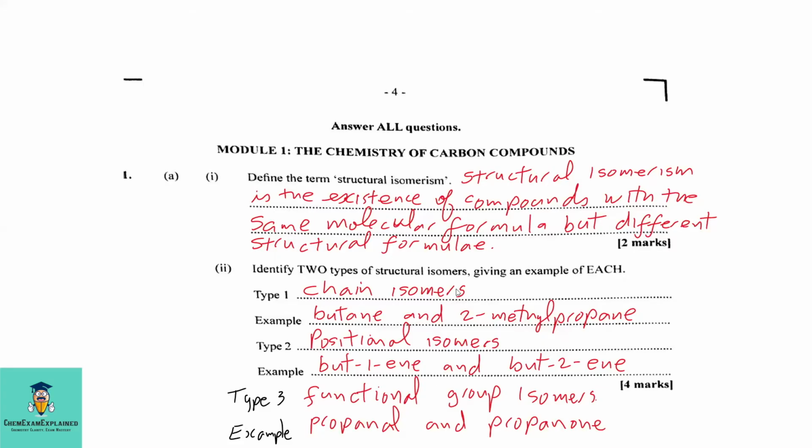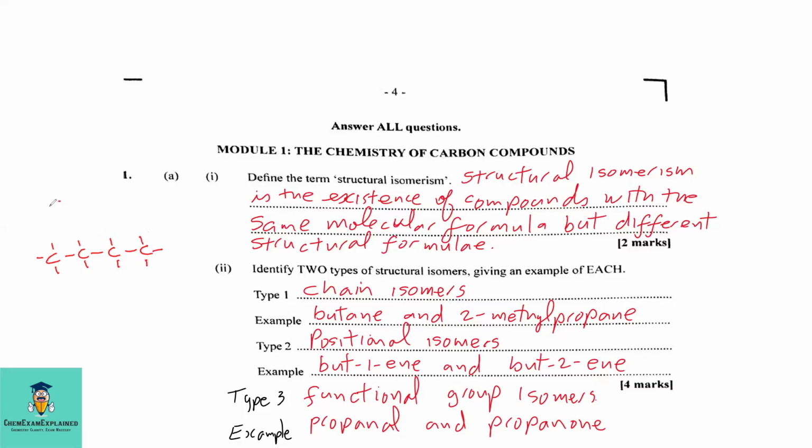1. Chain isomer. This is where we will move around the carbon skeleton. The example I have here is butane. So let's start with that. Butane would be 1, 2, 3, 4 carbons and 10 H's.